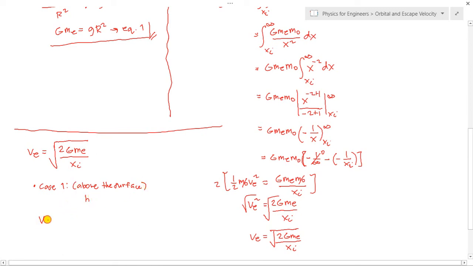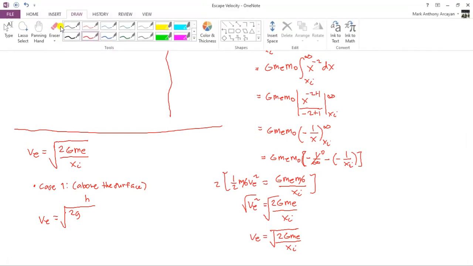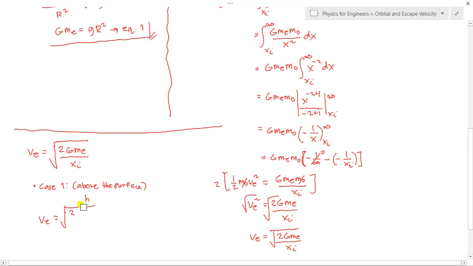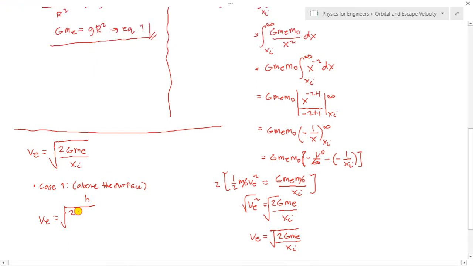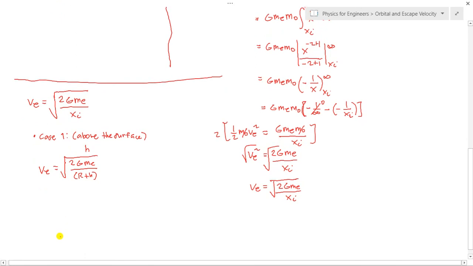That would be V_E is equal to the square root of 2, that is capital G, 2G M_E all over, that is the radius of the earth plus the height from the surface of the earth. So that is if the initial position is at a certain height h.